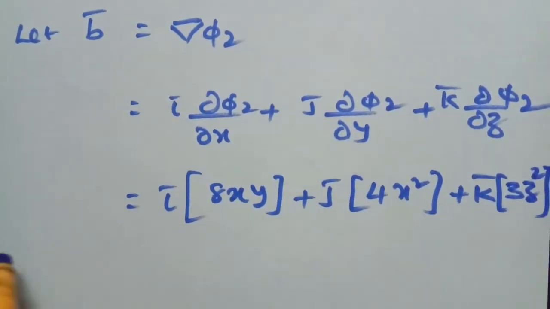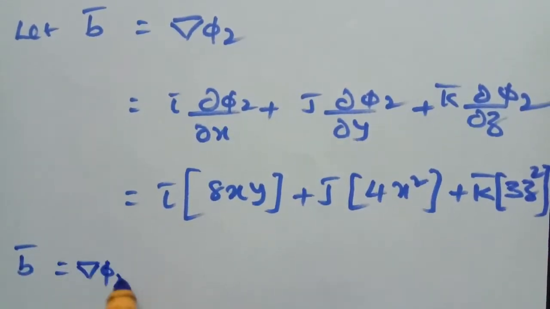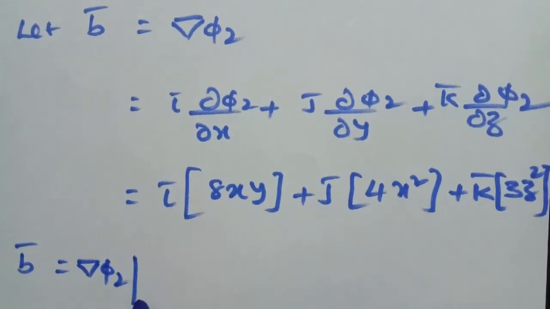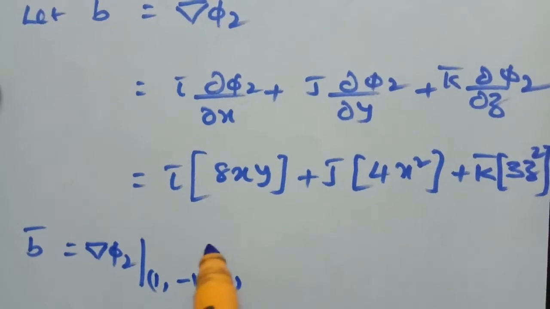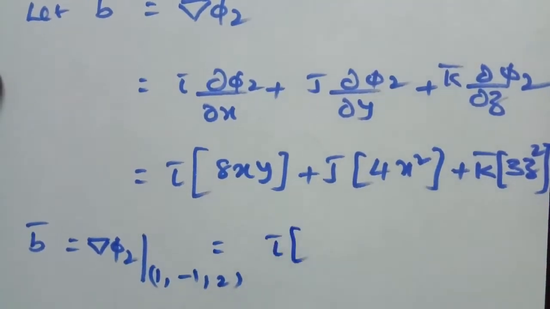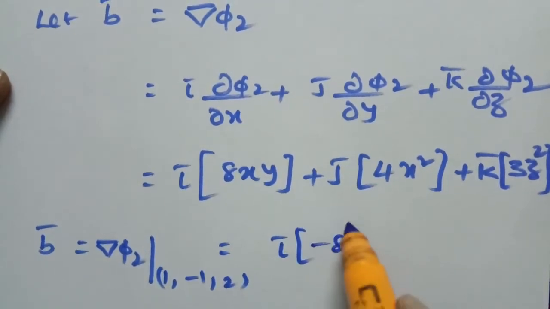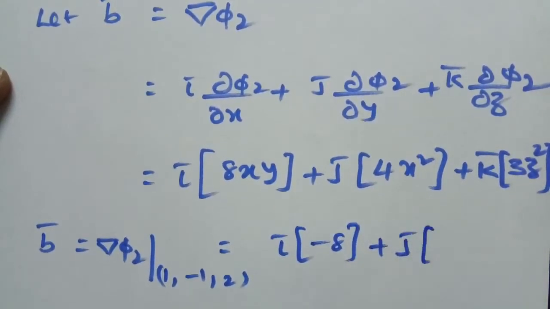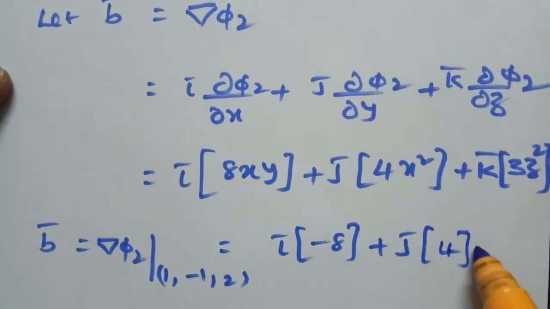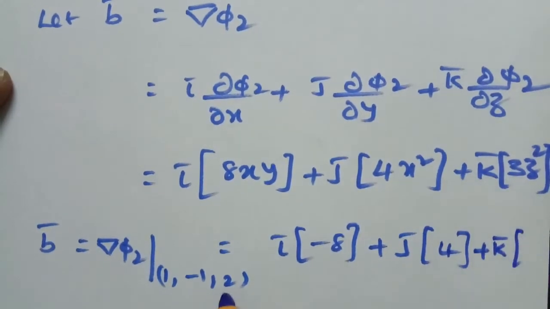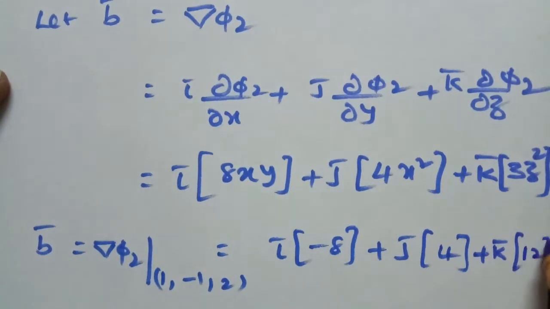Therefore, now b bar is equal to del phi 2 at the point (1, -1, 2), which is equal to i bar times, putting x equal to 1, y equal to -1, -8, plus j bar times 4x squared, putting x equal to 1, 4, plus k bar times 3z squared, z equal to 2, 2 squared 4, 4 into 3, 12.